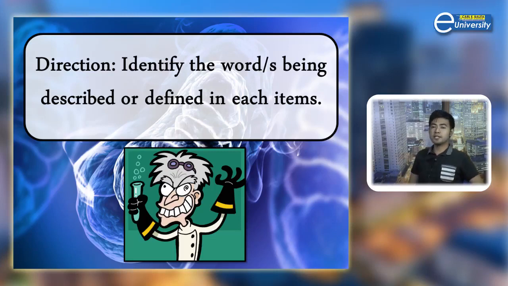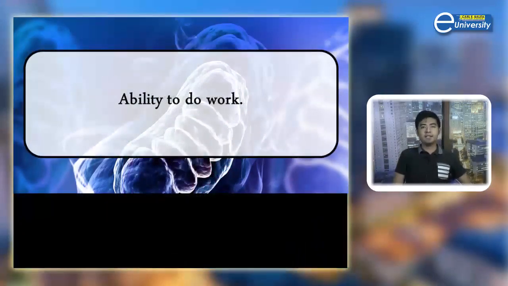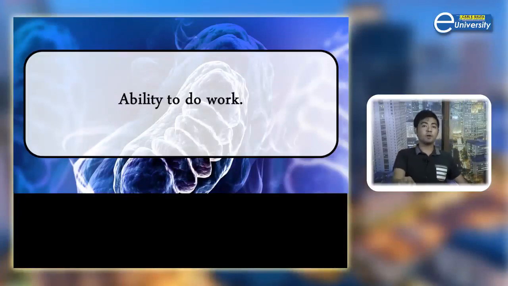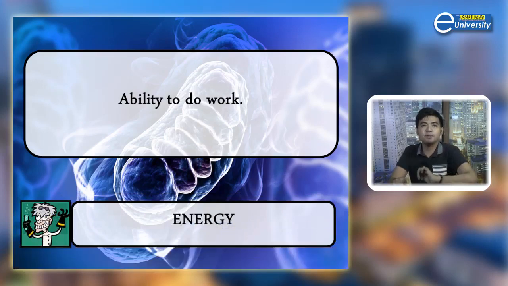Let's start. So for item number 1, it is called as the ability to do work. So it is the center of our discussion or of this module. It is the ability to do work. Correct. The ability to do work is called the energy. How about this one?